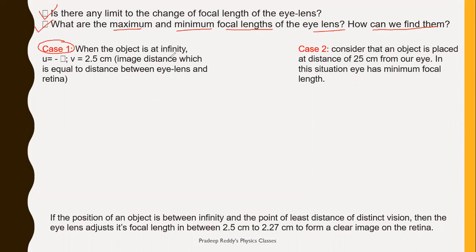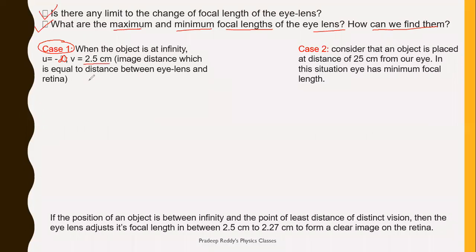As I told you, your eye lens will be least strained when the object is at infinity. So clearly u is equal to infinity. Even though the object is at infinity, where should you get the image? Definitely at 2.5 centimeter.